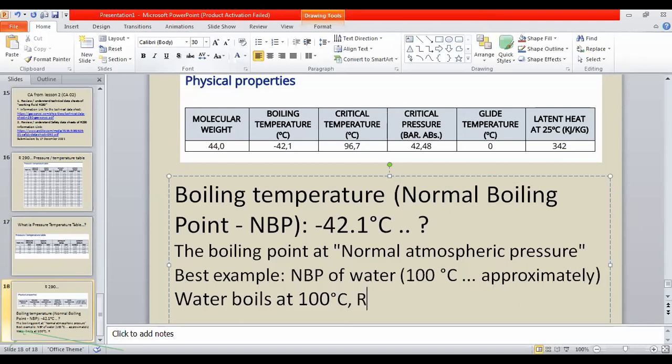And R290 boils at minus 42.1 degrees Celsius.